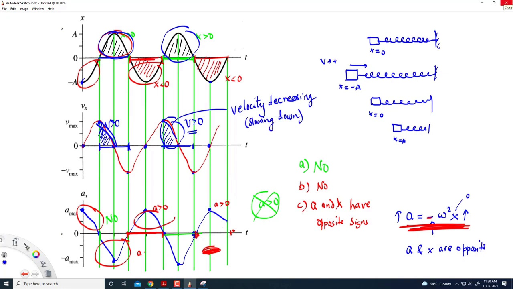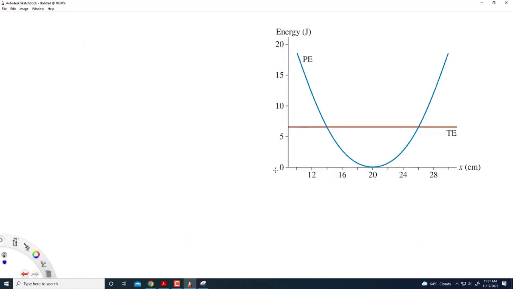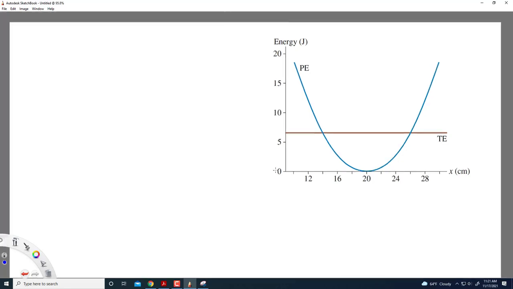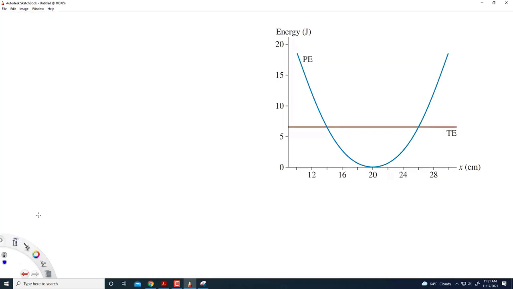Now let's look at number 2. So you have this energy diagram where this straight line is showing the total energy. This is kinetic energy plus potential energy. And this blue line is showing the potential energy.